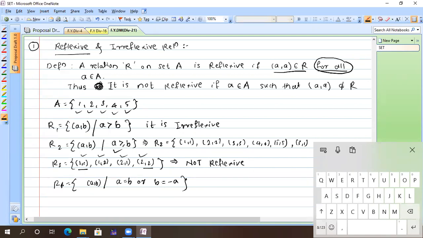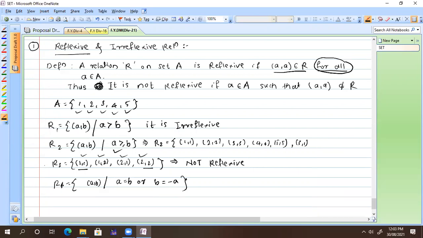Tell me why not. And if you say yes, tell me why yes. Sir, because the condition has or in it. Okay, if you try to find the elements... Sir, it is not reflexive, because for example, if R4 contains (1, -1), but -1 is not there.